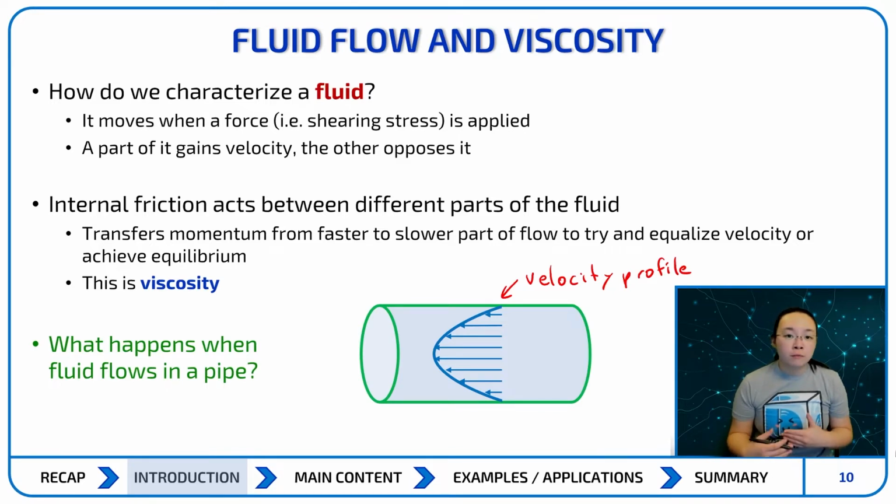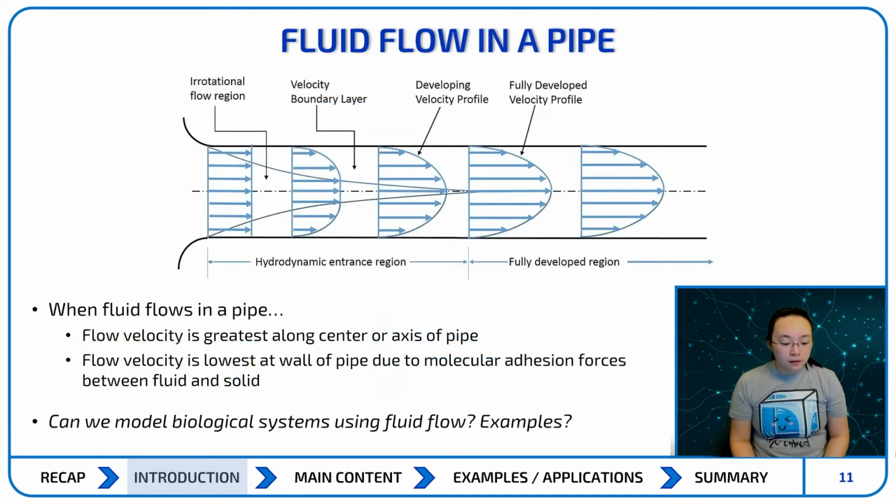It seems like fluid flow is slower at the edges of the pipe versus the center of the pipe. It does make sense because at the edges of the pipe, there's going to be additional internal forces that are slowing the water down, whereas in the center, it's just interactions between different molecules. There's actually a much more detailed diagram that we'll go through afterwards for fluid flow and a velocity profile, but that's the general idea.